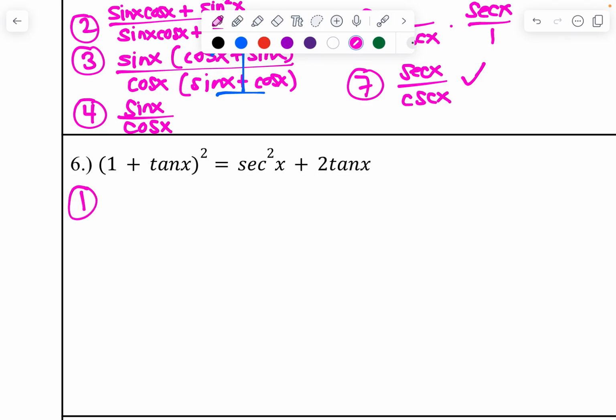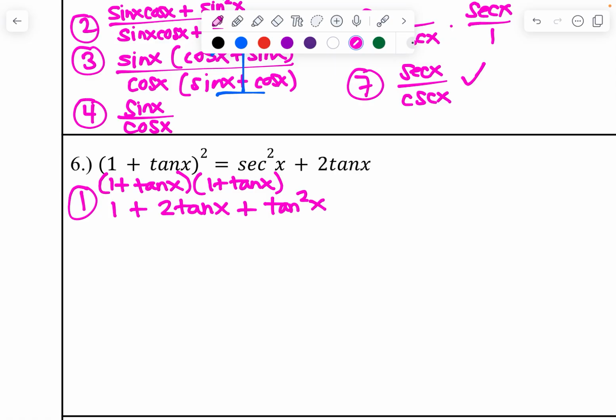All right, let's go ahead and multiply out this left side. Remember, anytime you have a binomial to a power, you've got to write it out 2 times and use Euler box. So we're going to get 1, we're going to get tangent of x plus tangent of x, so that's 2 times the tangent of x, and then tangent of x times tangent of x equals tangent squared of x. All right, well, let's rearrange a little bit.